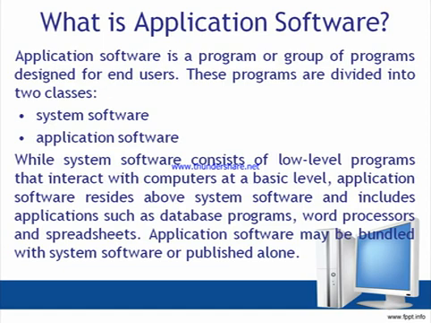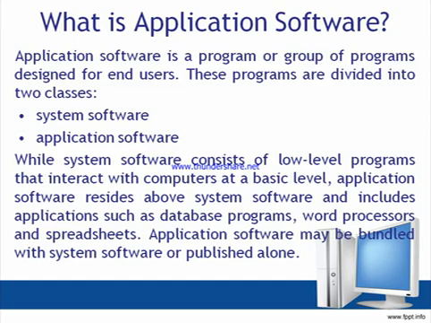What is application software? An application software is a program or group of programs designed for end users. These programs are divided into two classes: system software and application software.